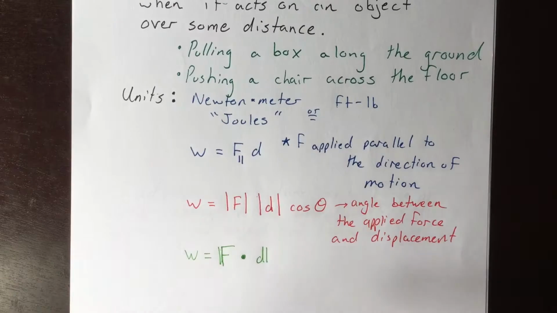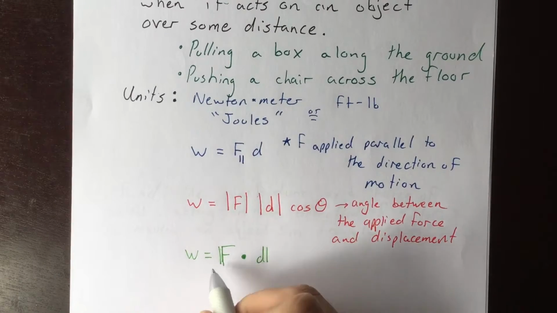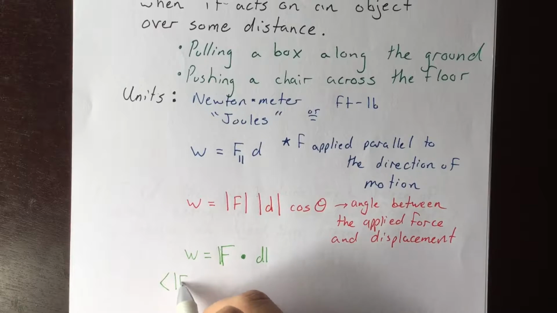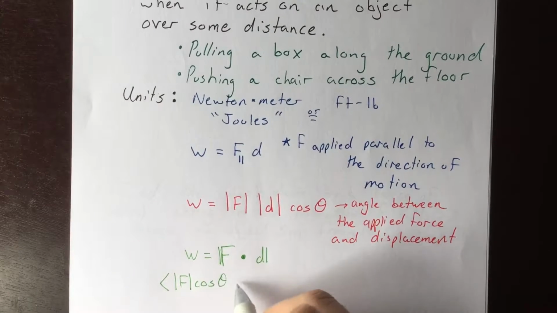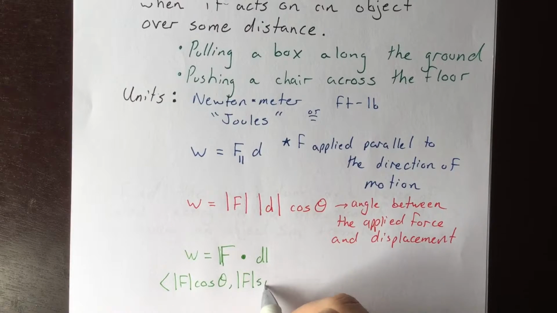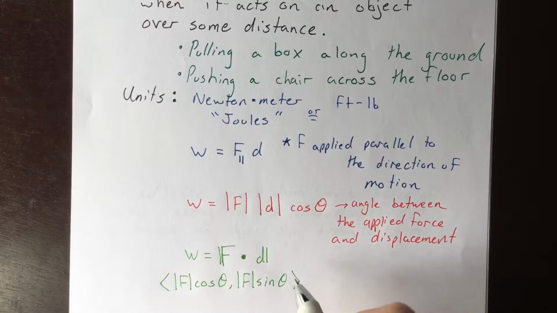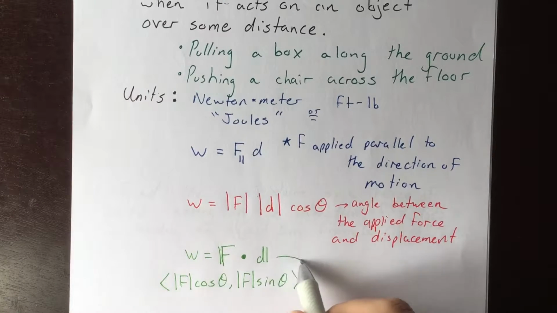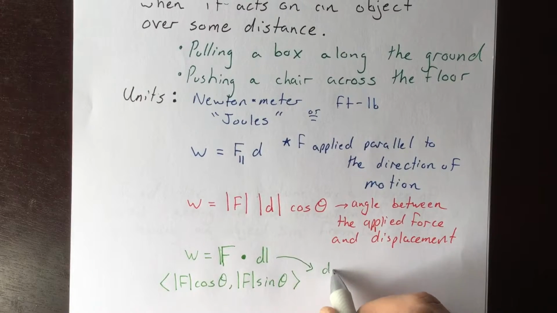And even the displacement could have a zero component. So I'm going to say this here, that this force vector will be the magnitude of the force, often given to us, multiplied by the cosine of theta, comma, the magnitude of the force multiplied by sine of theta. So that will be the force vector, and this D is the displacement vector.